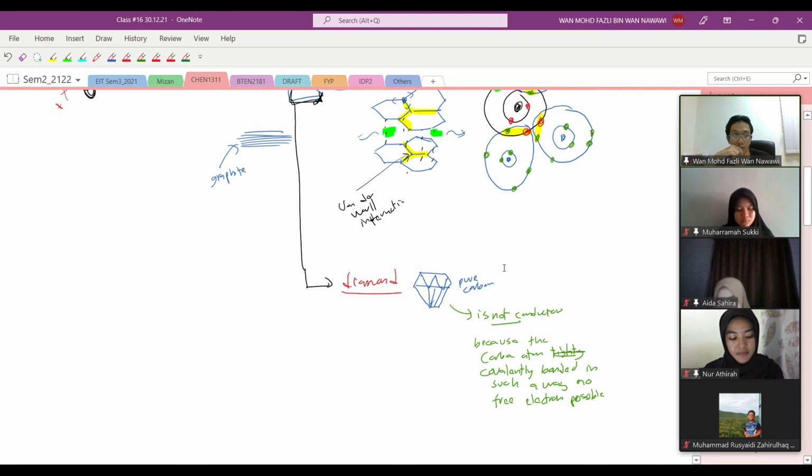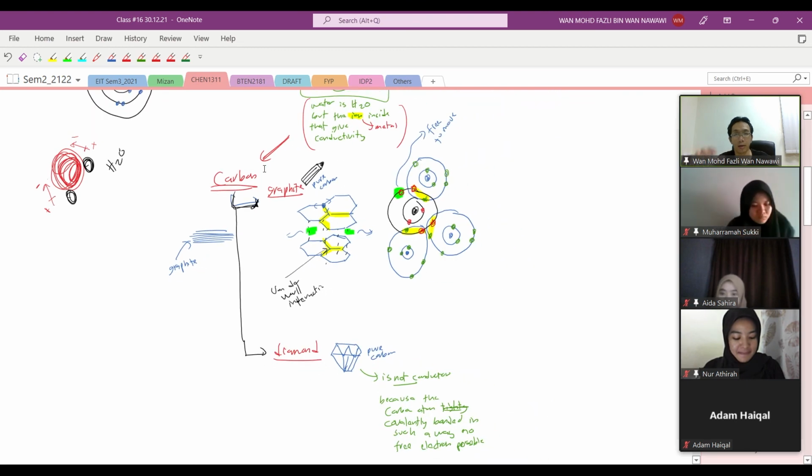Maybe one more class on this fundamental part, because even though I say this is the fundamental part, we also talk about the properties of material. For example, here the carbon, the properties of structure, the effect of material structure.